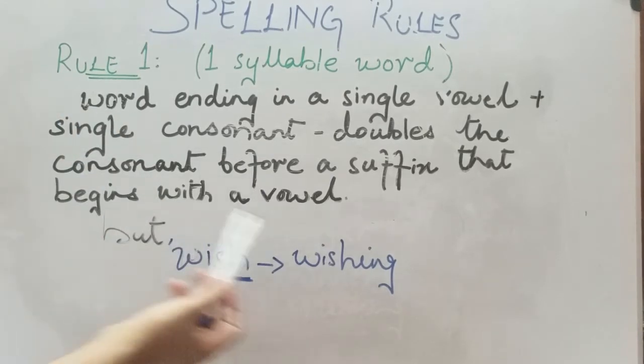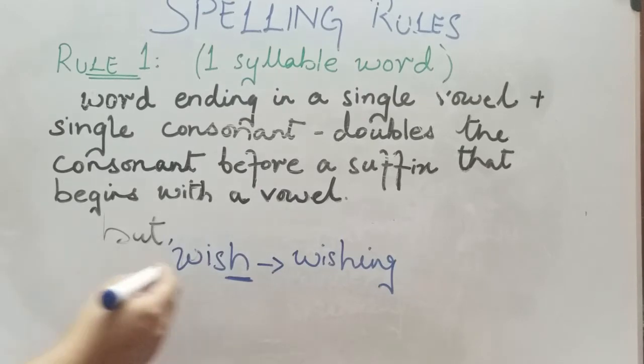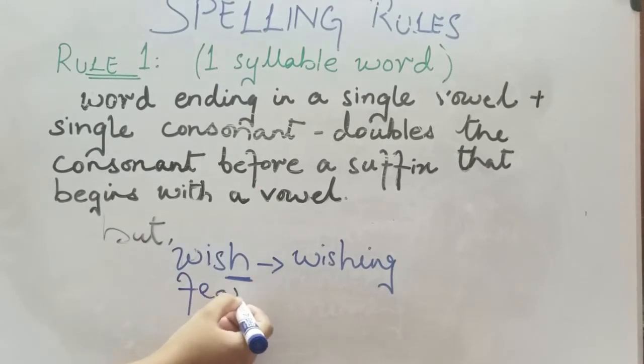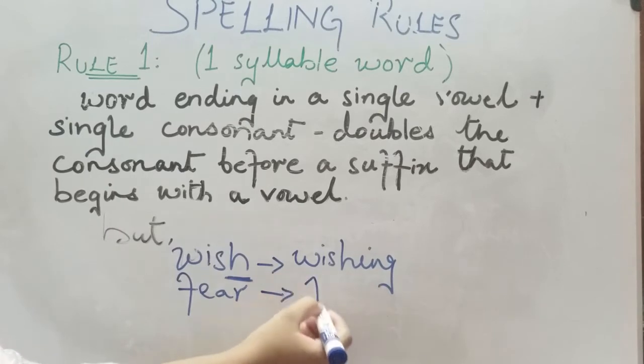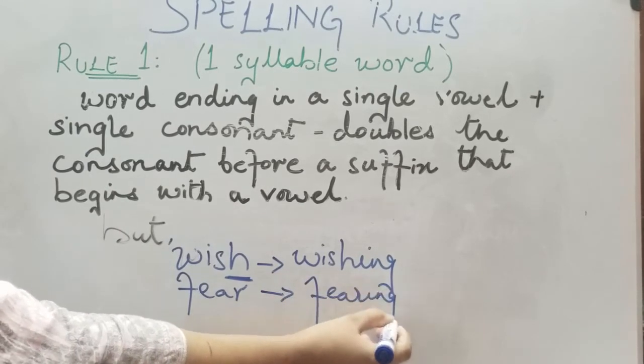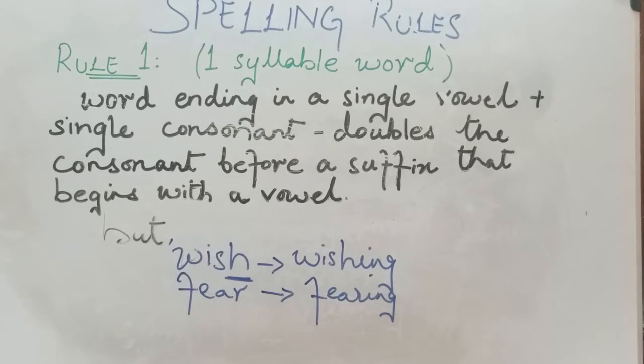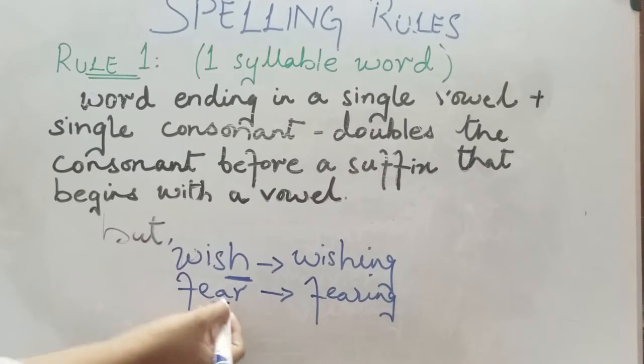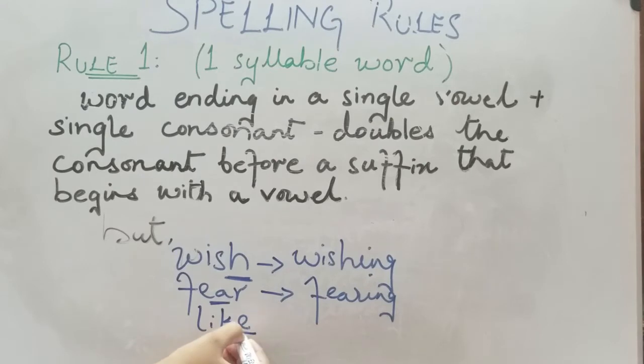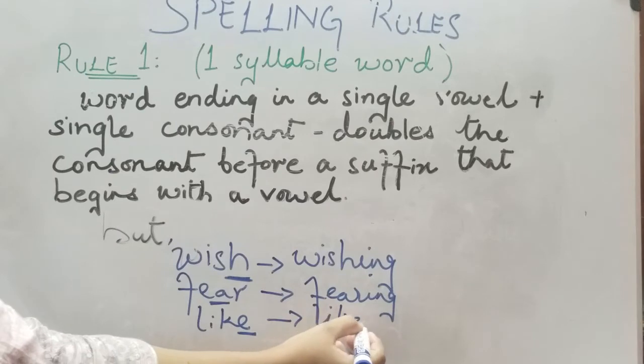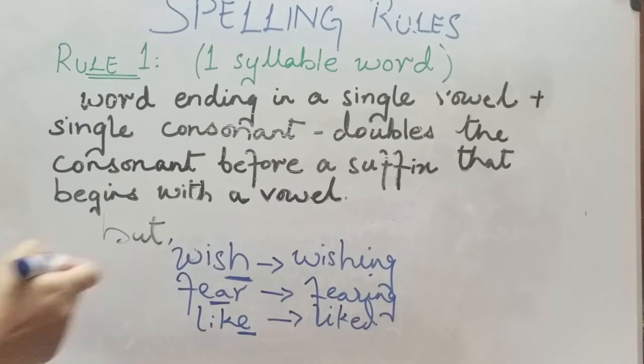So wish will be wishing, as well as fear. Fear will convert into fearing. So a consonant over here and a vowel over here. Okay, it's ending with a double vowel, like light. So these are exceptional cases.